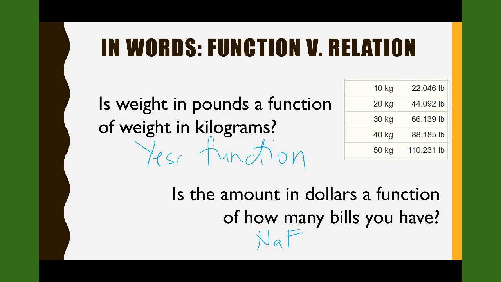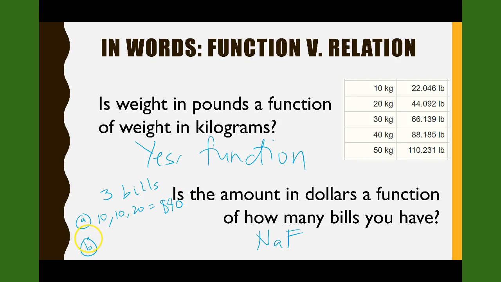And the reason why it's not a function is, for example, you have 3 bills, but these 3 bills can go many ways. Say, for example, the first case would be you have a 10, a 10, and a 20. So therefore, this could give you $40.